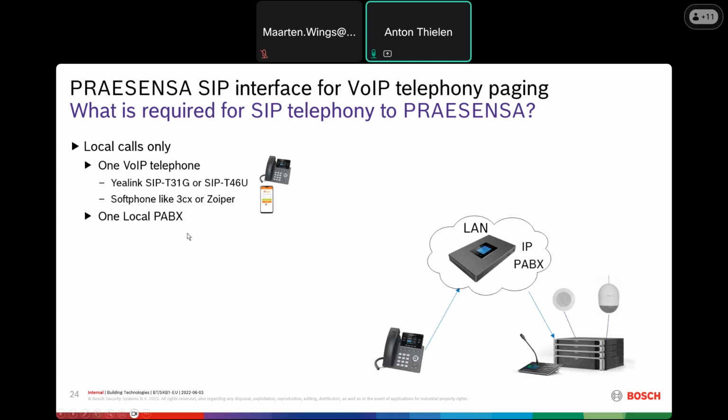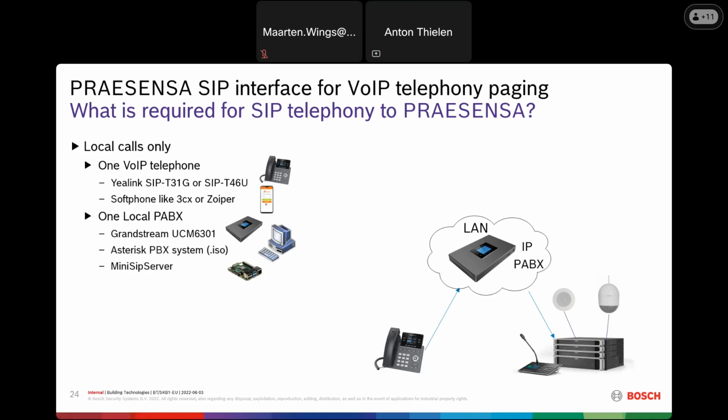I'm here using a Grandstream UCM, but you could have any local PABX which normally supports standard SIP telephony. We are using Asterisk inside PRAESENSA, so it should be compatible with an Asterisk system. So you could have a local PABX there to make the calls.